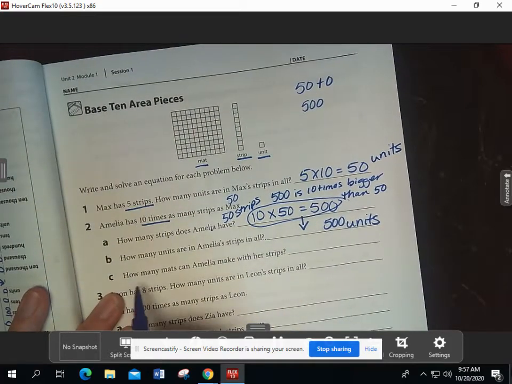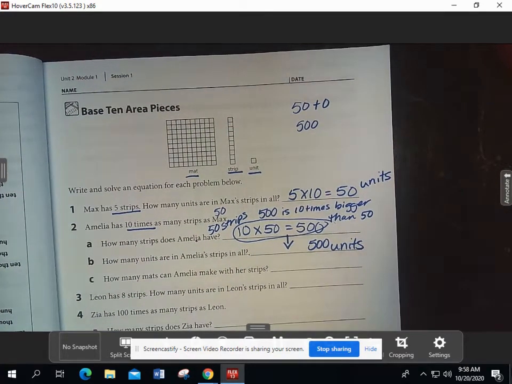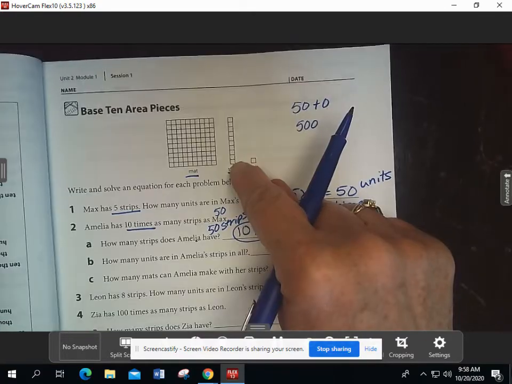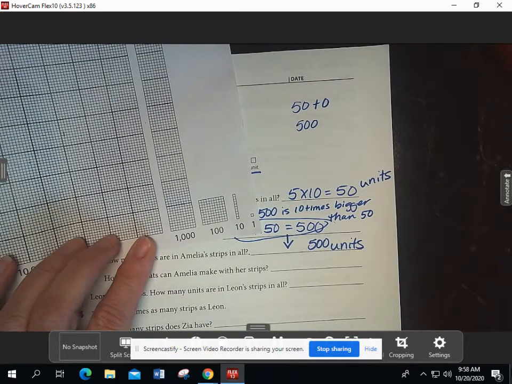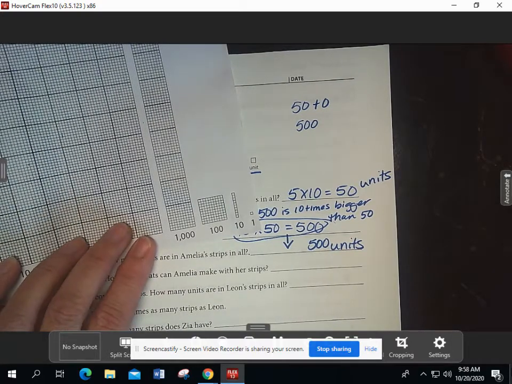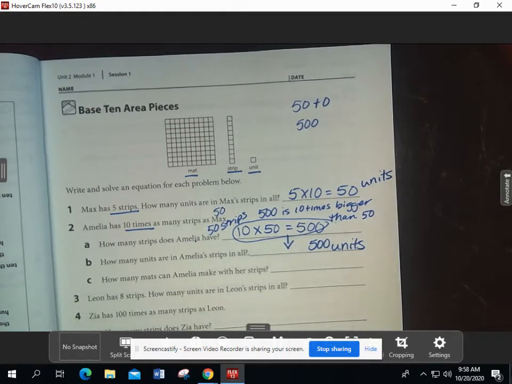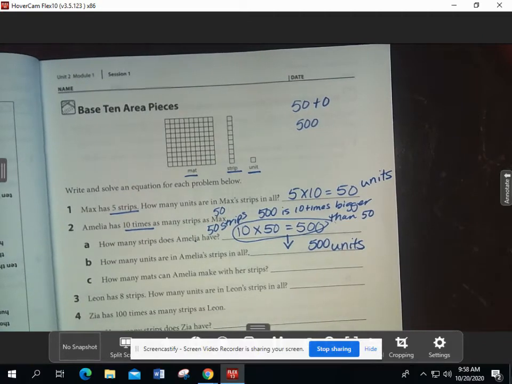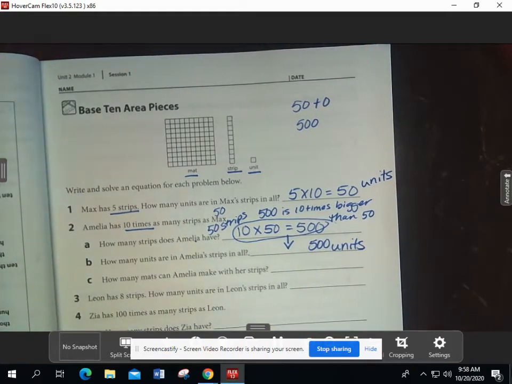So, how many mats can Amelia make with her strips? If she's got 50 of these, how many of these can she make? Okay, Luke's got his hand in the air. Luke, can you explain how you figured it out? It's easy to know, but hard to show, isn't it? Each strip is 10. Okay. Count by 10. Sure, that works.